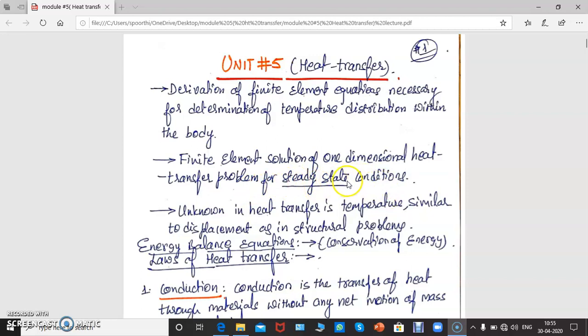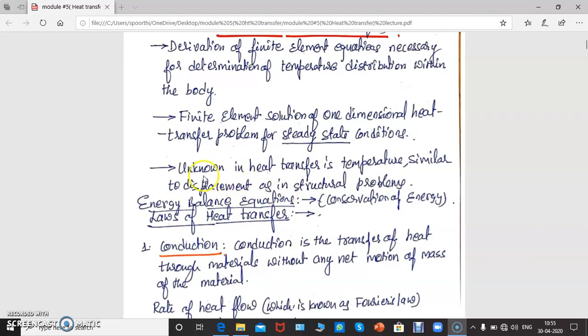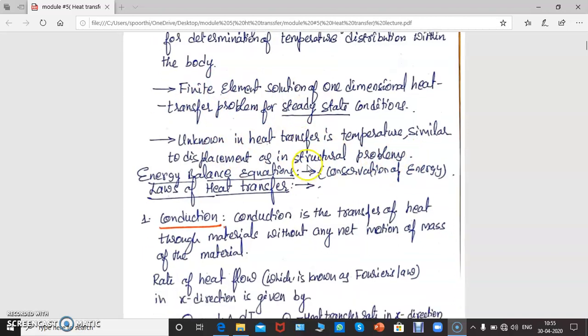You know what is a steady state condition? That is, the temperature is not going to change with reference to time. Unsteady state is again a complex domain. And the third is, as you know, the objective is to find out the temperature. It is exactly similar to what we did in finding displacement in static structural problems. So, this is the introduction of this particular chapter.